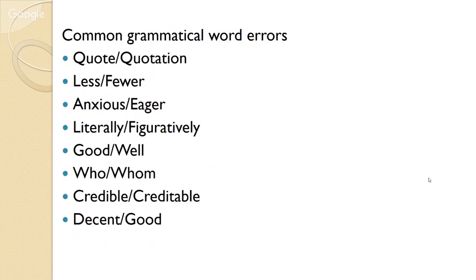So, like I said, the most common word errors are homophonic. The second most common word errors are grammatical. So this is where people just get confused about the meaning of a word and use the wrong word or the wrong form of a word. And often it comes down to parts of speech. So quote and quotation, for example. Quote is a verb, quotation is a noun. You're not to use them interchangeably.